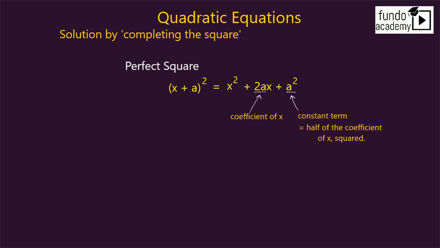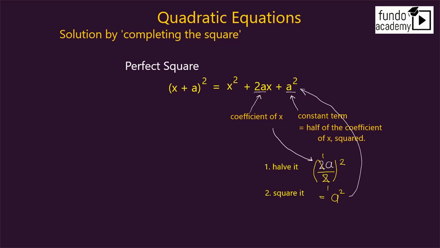What I mean is, if we take the coefficient of x, which is 2a, and we halve it, that is divided by 2, and then we square it, then what we're going to get is a squared, which is our constant term. So that is the relationship between the coefficient of x and the constant term. The constant term is half of the coefficient of x, then squared.